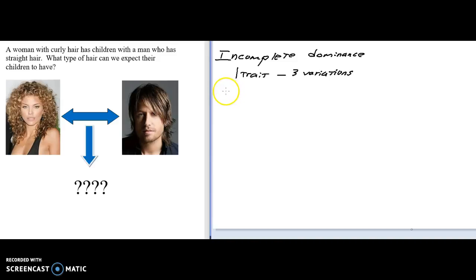So we have people who naturally, just genetically, are born with curly hair. We have people who are born with straight hair. And generally, when those two individuals combine their genetics, they produce individuals who have wavy hair.